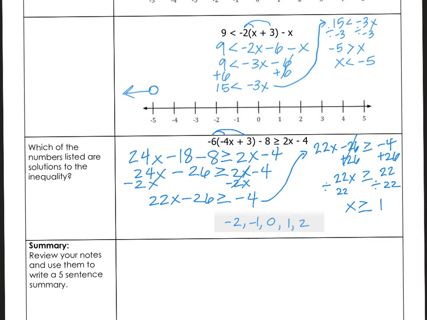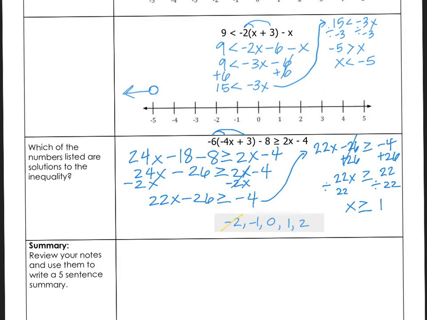Okay, so now as you can see in this little box, I have options, and I need to select which numbers are solutions to this inequality. So that means if we were to place, for example, -2 in for x, would the statement be true? So let's just try that. -2 is greater than or equal to +1.